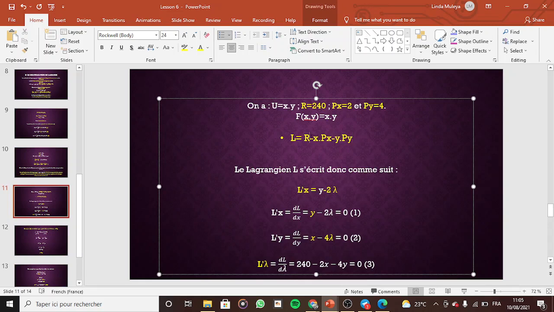And by now, of course, we would have already replaced the values. R is 240. We don't know x, but we do know the price of x. The price of x is 2. So that at the end of everything gives us 2x. And we know that the price of y is 4.